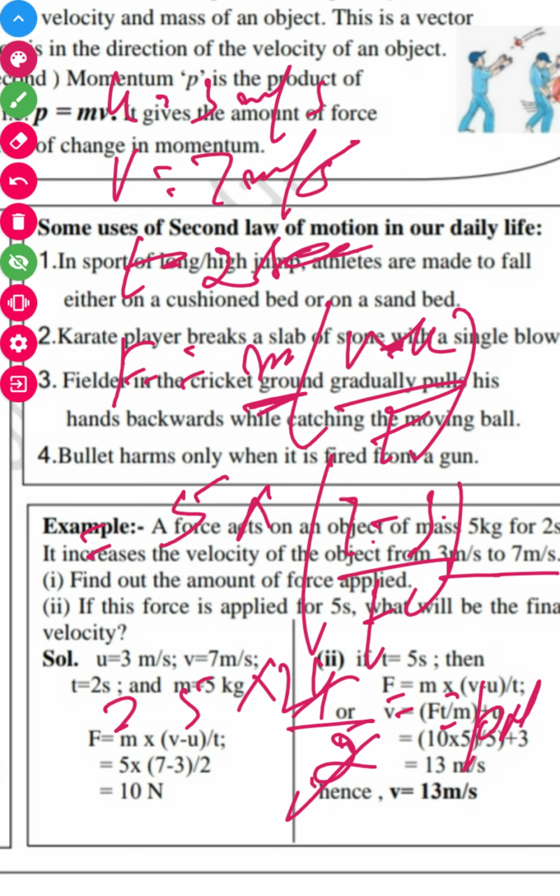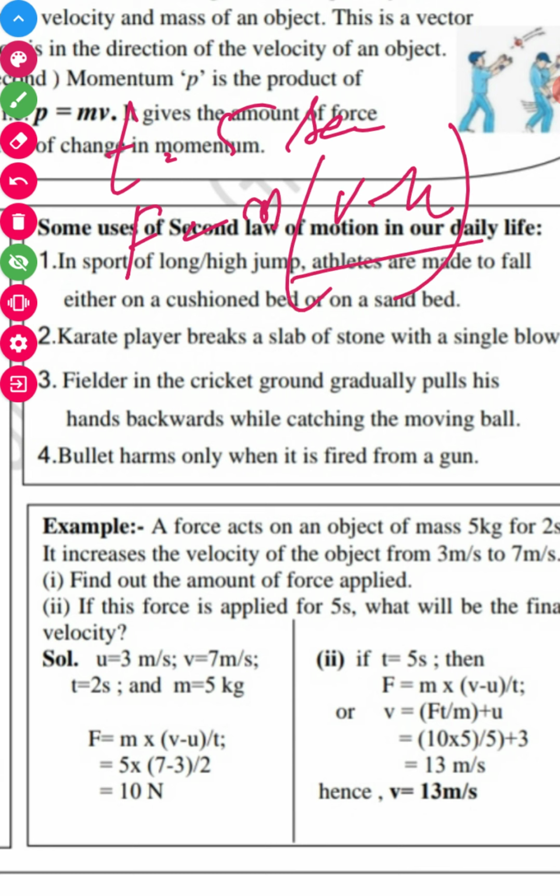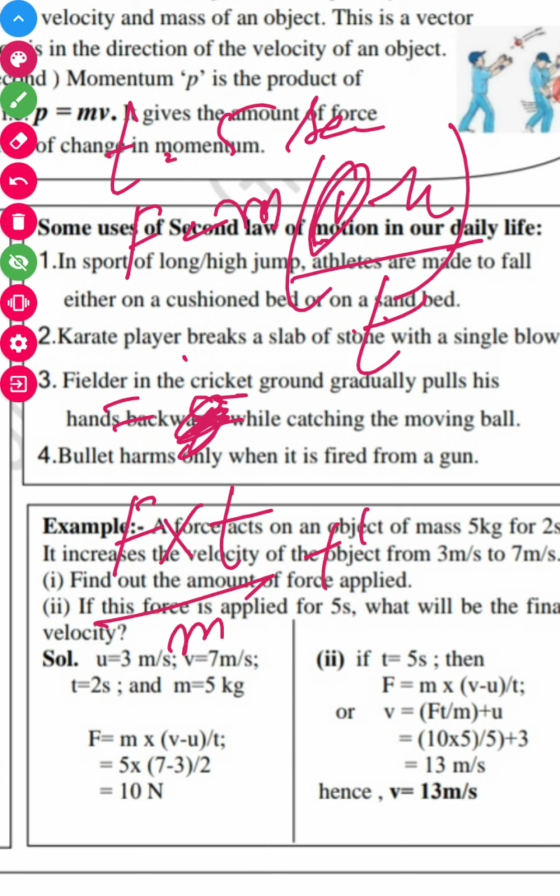In the next part, you have to give the time t as 5 seconds. We have F equal to m(v minus u) divided by t, with m as 5, but now you have to find this u. First of all, we will rearrange this formula: u is equal to F into t divided by m, plus u.